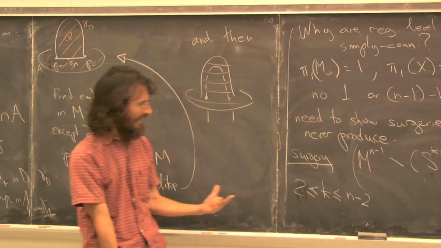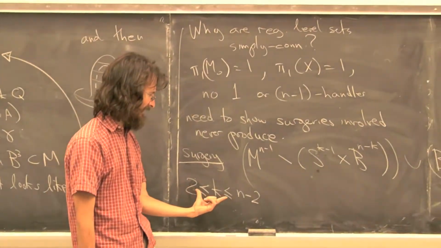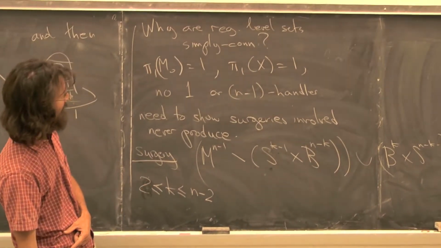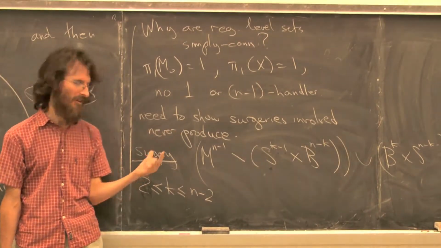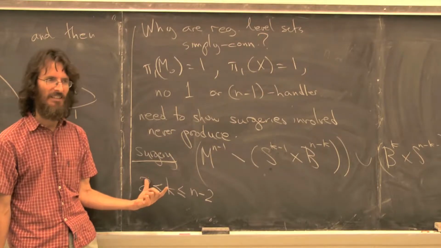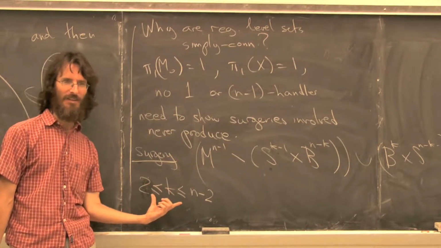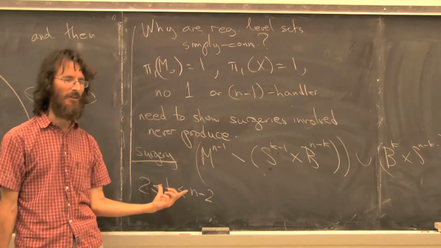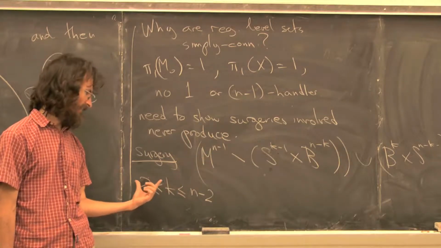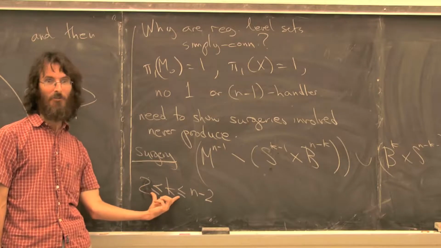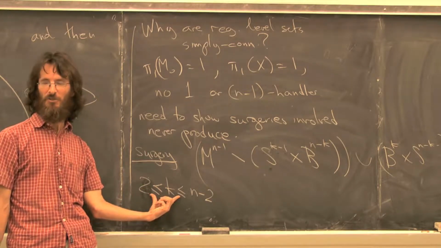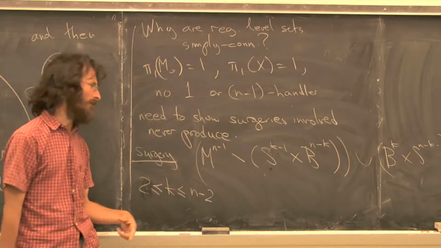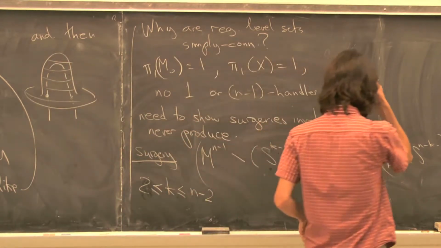We know that if n equals 3, well, what am I doing here? That's right, so this doesn't even make sense anymore. Sorry, if n equals 4, then this does make sense, and we know that when n equals 4, we don't expect this to work, right? If n equals 4, then we're doing surgery on 3 manifolds. There's only one k that's possible here, which is k equals 2, and that's the normal surgery on 3 manifolds. We know that that can produce pi 1. So how do you produce pi 1?